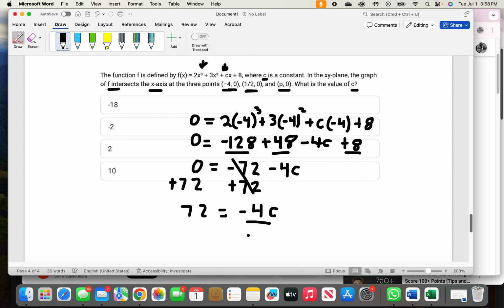Remember, this is multiplication, so the opposite is to divide by negative 4. I divide by negative 4, and now 72 divided by negative 4 is equal to negative 18. So c is equal to negative 18, which is right here.